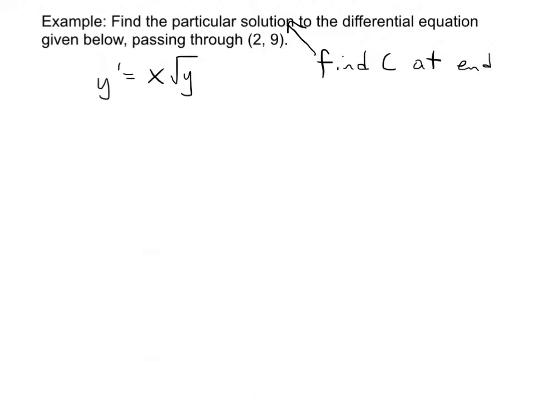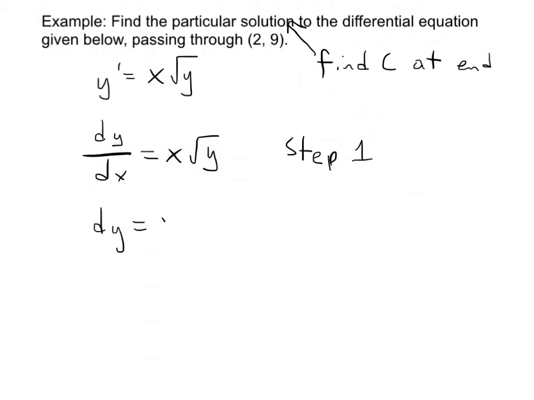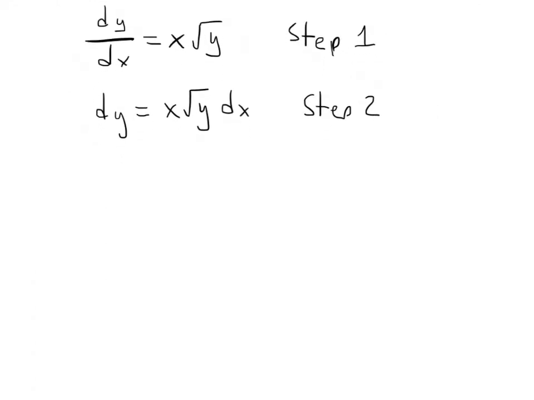So here we go. Step 1, we rewrite dy dx instead of y prime. Right? So this was step 1. Now again, if you're doing this legitimately, pause the video, do step 2 on your own. Step 2 is really easy. All you have to do is multiply the dx over. That was step 2. Now again, if you're doing this on your own, pause it, do step 3.